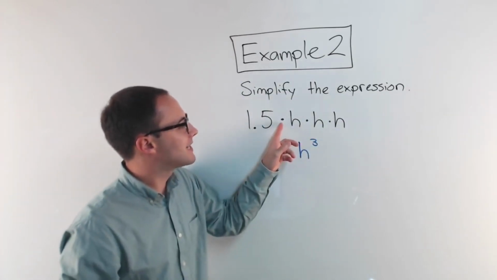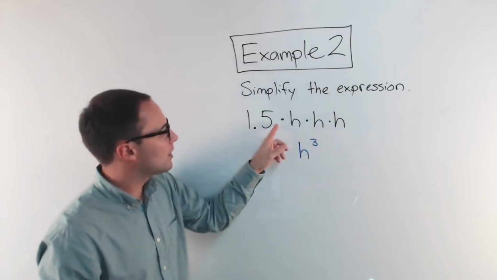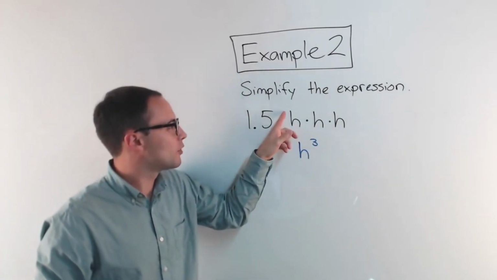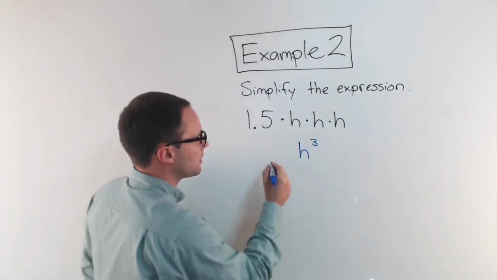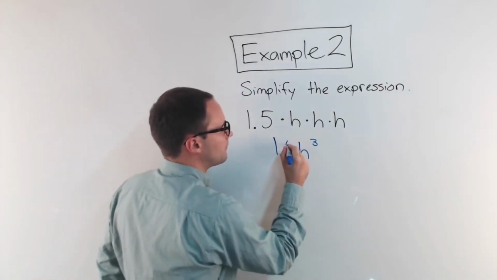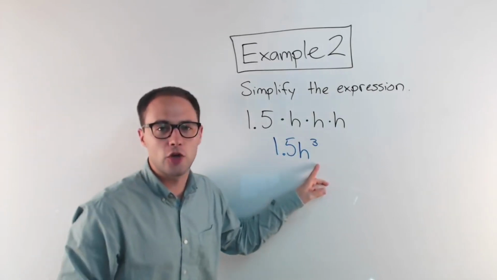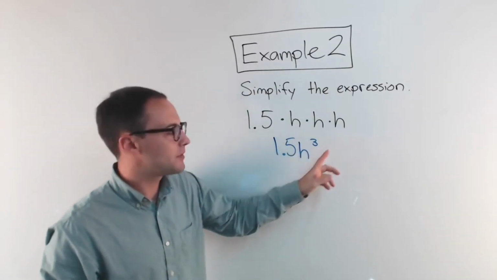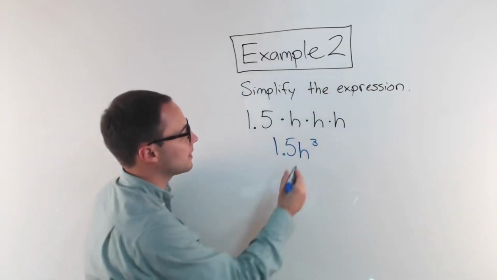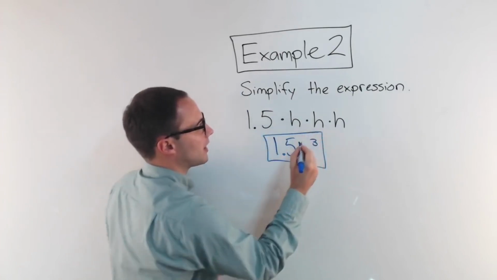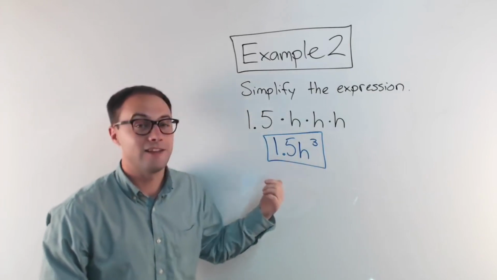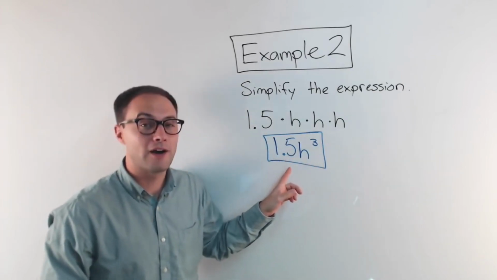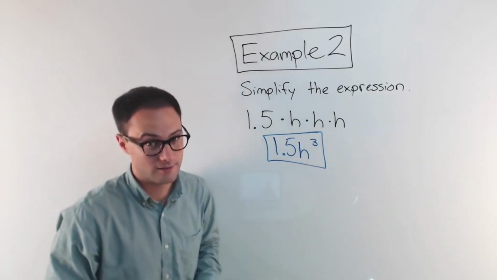And for 1.5 times all of that, I can get rid of the multiplication symbol and just put them next to each other. That still means the same thing. So if I write 1.5 h cubed, it's exactly the same thing, just simplified. And in this case, 1.5 would be your coefficient.